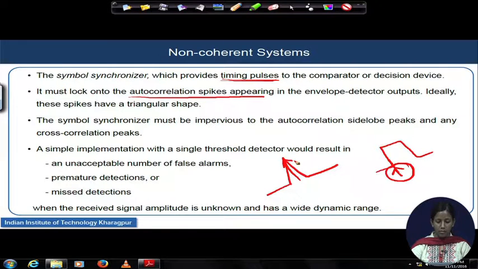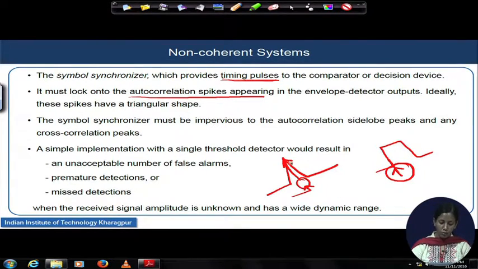Depending upon the sharpness, you will definitely be able to detect this moment or this instant very precisely. The symbol synchronizer must be impervious to the autocorrelation side lobe peaks and any cross correlation peak lobes.